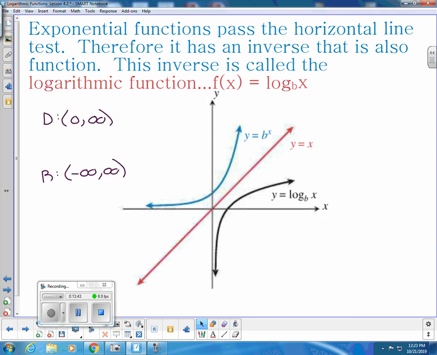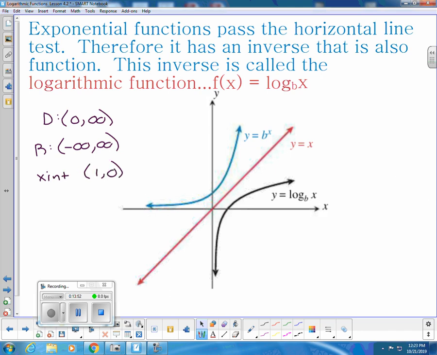Do we have an x-intercept? Does it cross the x-axis? Yes. 1. So the log of 1 is 0. Does it have a y-intercept? Look at the black graph. Does it cross the y-axis? It has a vertical asymptote at x equals 0.